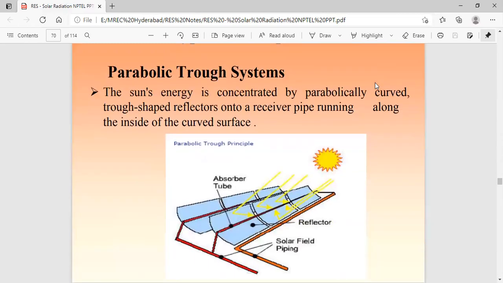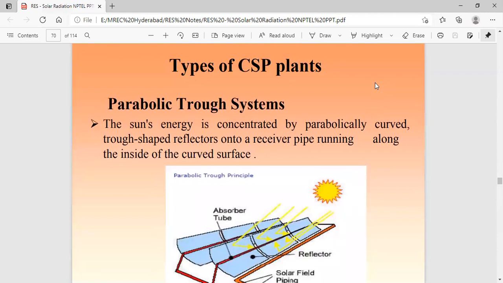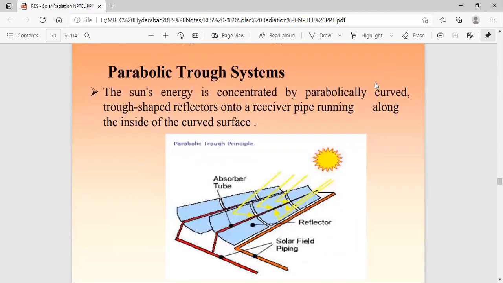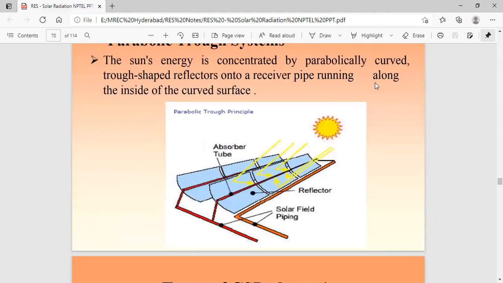Now we'll see the different types of CSP plants. Parabolic trough systems. First one, the sun's energy is concentrated by parabolically curved trough shaped reflectors onto a receiver pipe running along the inside of the curved surface.